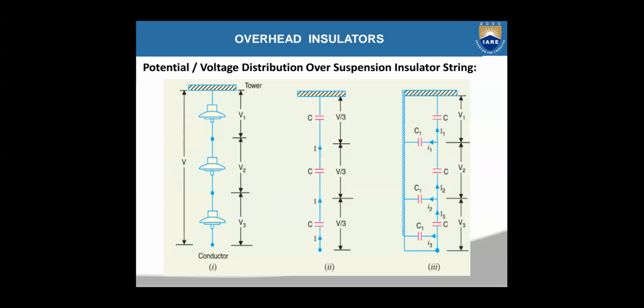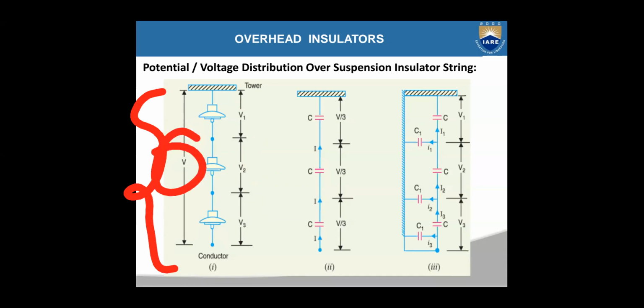Now the voltage across this total string is V, and the voltage across each disc is represented with V1, V2, V3. So V1 is the voltage across disc 1, V2 is the voltage across disc 2, V3 is the voltage across disc 3.